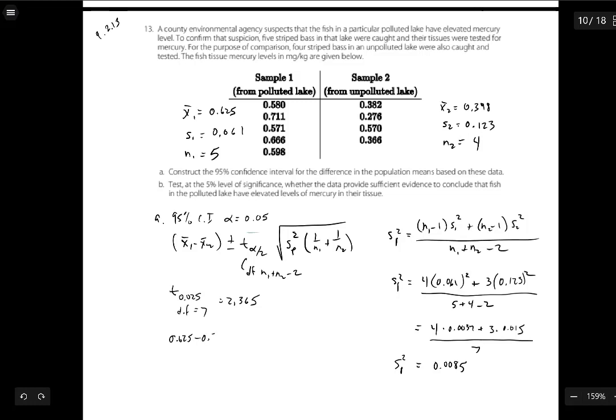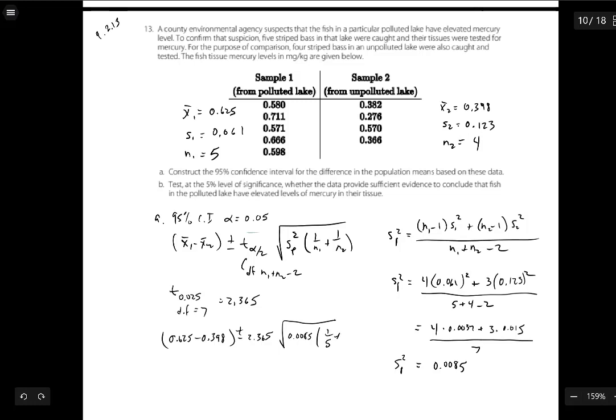So if I start putting my numbers in, my sample 1 mean 0.625 minus my sample 2 mean 0.398 plus or minus 2.365 times the square root of 0.0085 times 1 over my first sample size plus 1 over my second sample size.